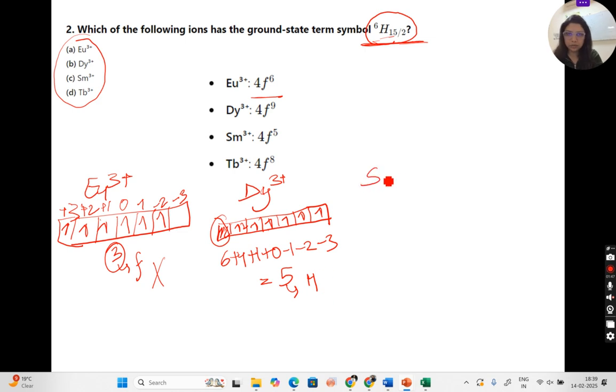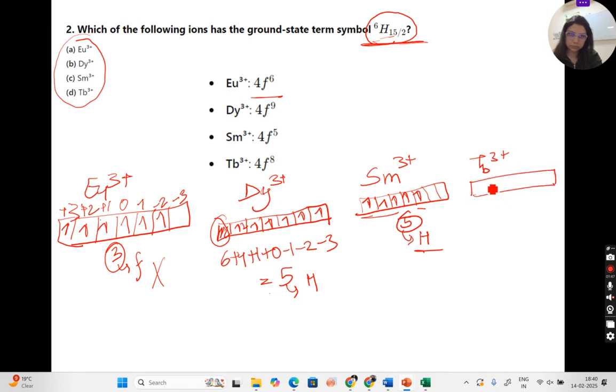Let's see for Sm3+. We fill 4, 5, 3, 4, and 5. Adding and subtracting gives a value of 5, which also corresponds to H. And in the case of Tb, it has an 8 electron system.